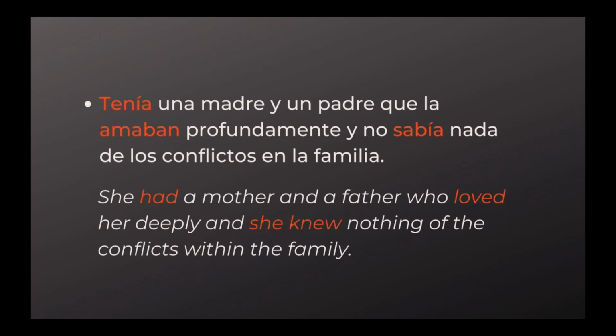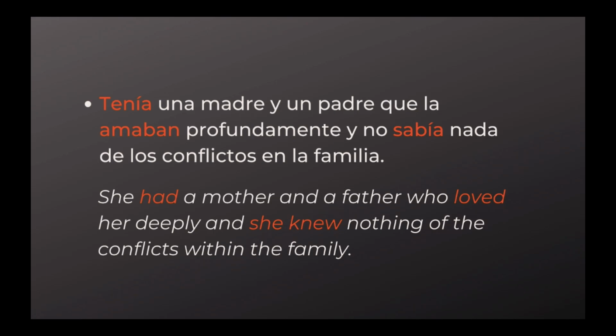Tenía una madre y un padre que la amaban profundamente y no sabían nada de los conflictos en la familia. So her having the mother and having a father that loved her, obviously this is long term, guys. Her parents didn't love her last month, last week.